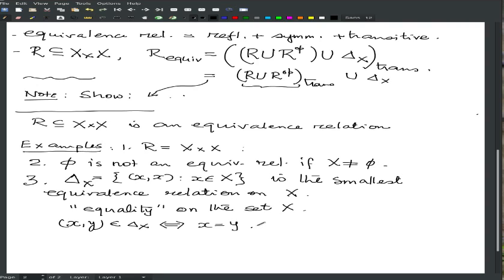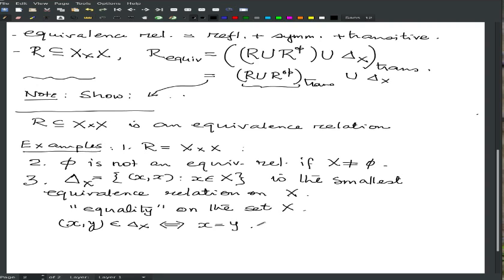The real part of the game is that every equivalence relation is some kind of an equality. Now what the hell, you will say, what is this equality? x is equal to x, that is it. What do you mean by some kind of an equality? Well, we will come to this interpretation very soon.